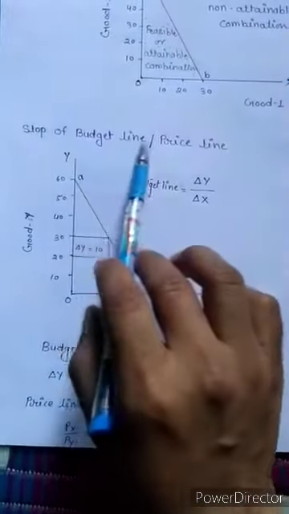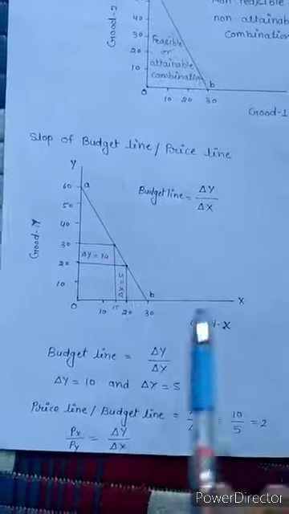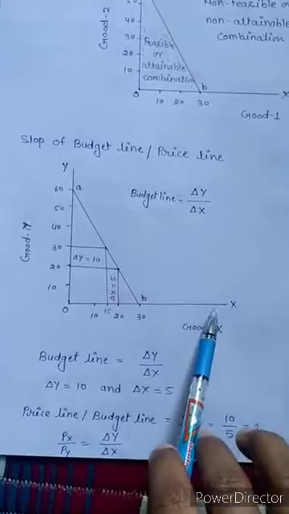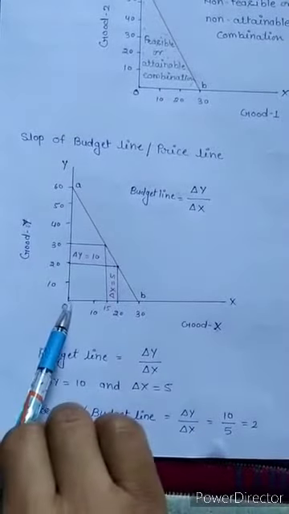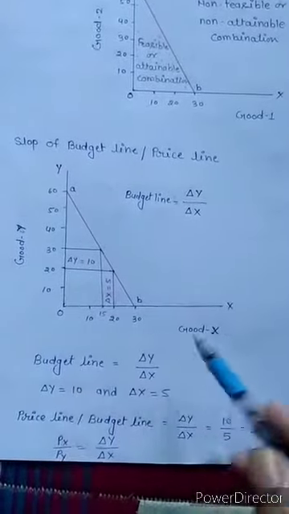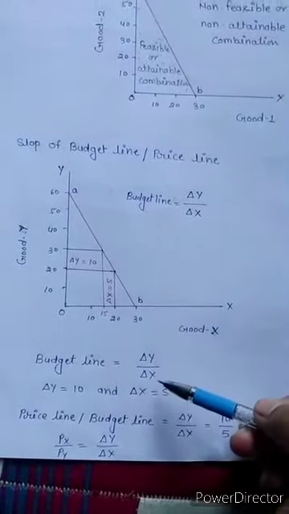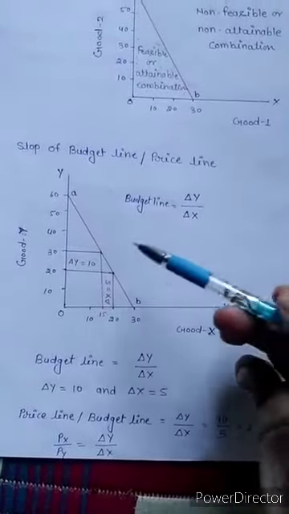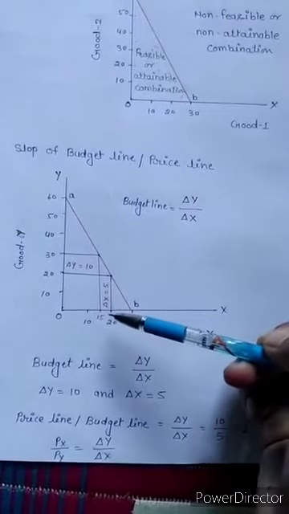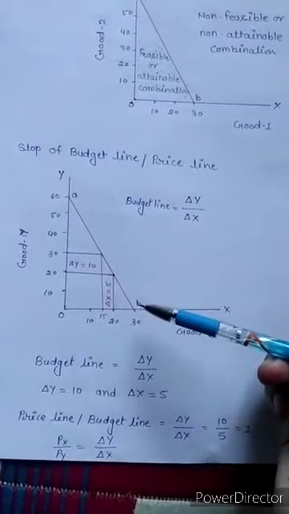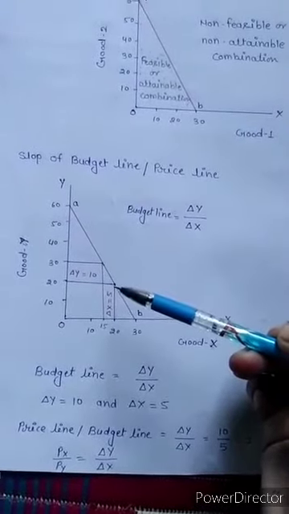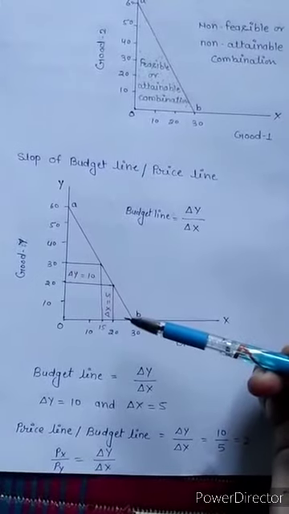Here the slope of the budget line or price line, this is cleared by the figure. Here the goods X is taken on x-axis and goods Y is taken on y-axis. The slope of the budget line or price line is equal to delta Y upon delta X. Means when the consumer purchases one excess unit of X commodity, then how much units he sacrificed to get one excess unit of X commodity.